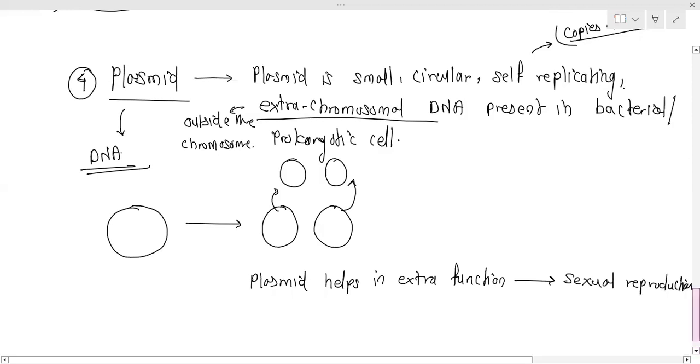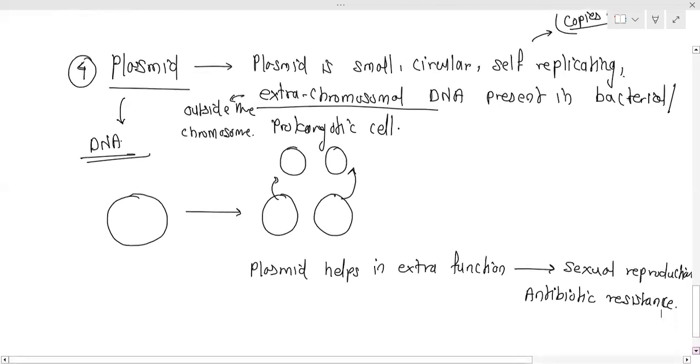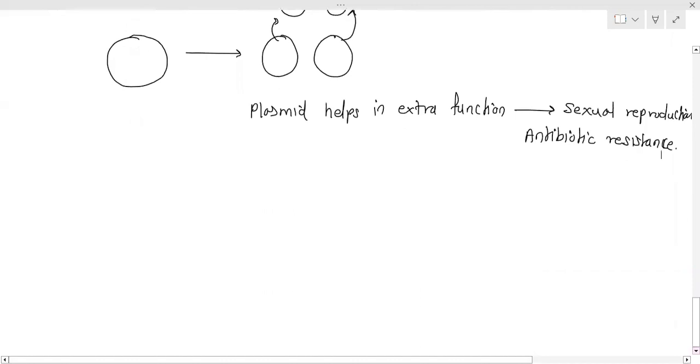Another function is antibiotic resistance, which is resistance against toxic chemicals. Resistance means they get protection from toxic chemicals. Antibiotics are toxic chemicals for bacteria. About antibiotics, we will learn a lot afterward.